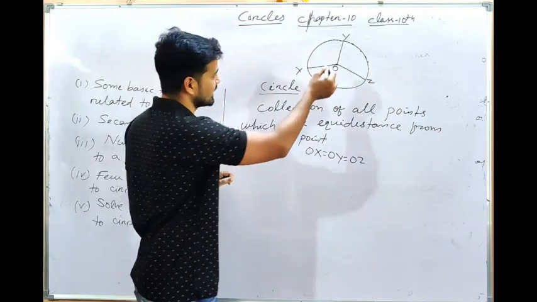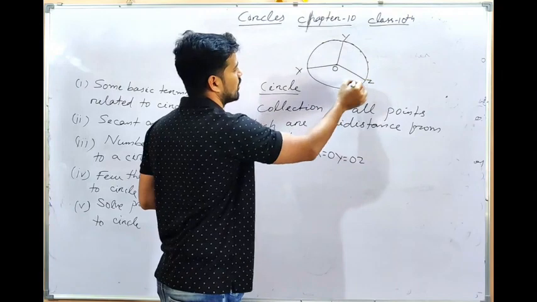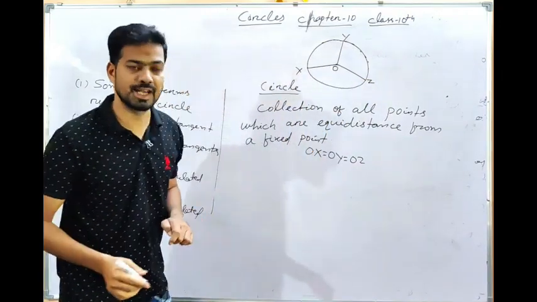In the case of a perfect circle, all the points on the circle are at equal distance from the fixed point.